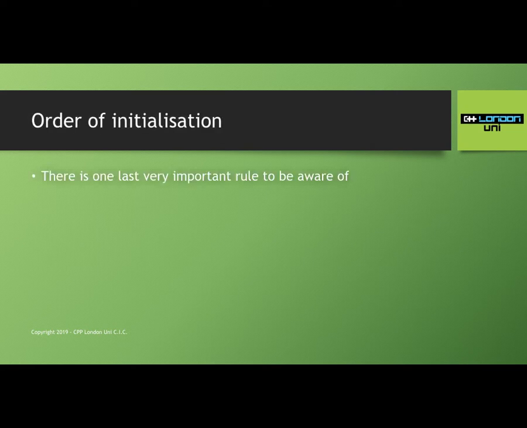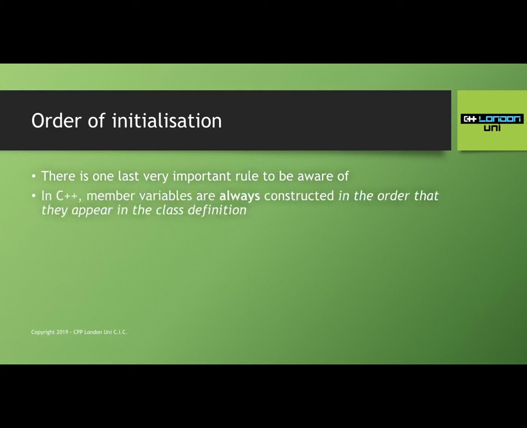Which brings us on to the last little slide, and it's something that's very important to be aware of when you're using these initializer lists. I mentioned it before, but I'm just going to reiterate. Class members are always, always, always constructed in the order that they appear.